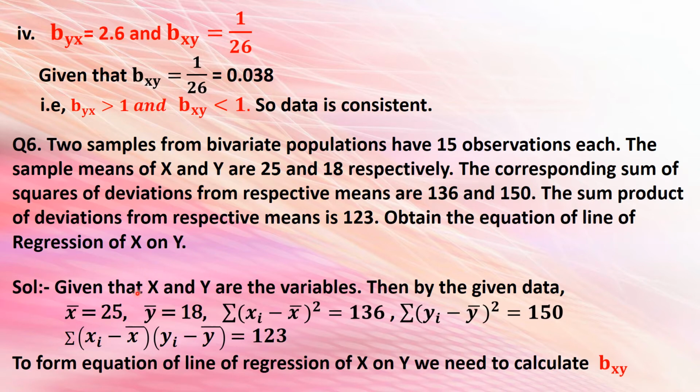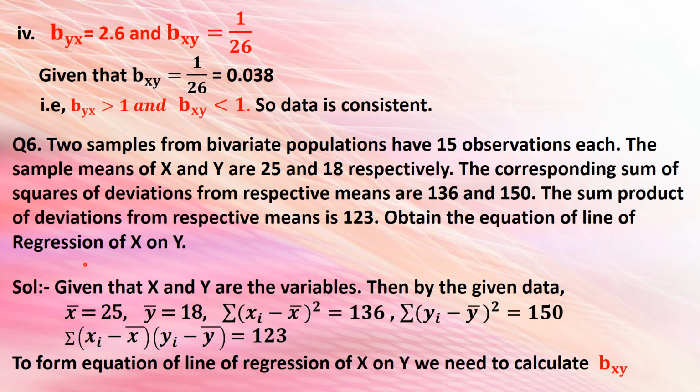So we have the variables x and y. Then by the given information we will write x bar, means sample mean of x, and y bar: x bar is equal to 25 and y bar is equal to 18. Now the corresponding sum of squares of deviations. Sigma (xi minus x bar) the whole square is equal to 136 and the corresponding sum of the square of deviations from y bar, sigma (yi minus y bar) the whole square, is equal to 150.